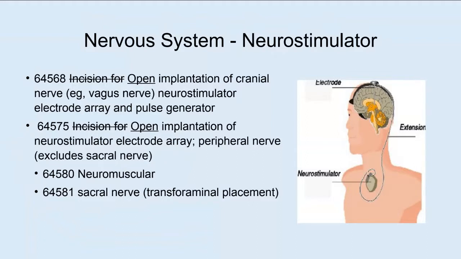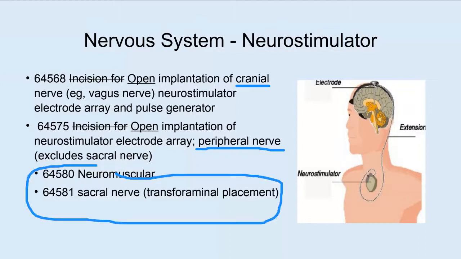This is cranial, and this is peripheral. Now the indented codes under 64575 are also changed because of the change in 64575. So they also have open instead of incision for.